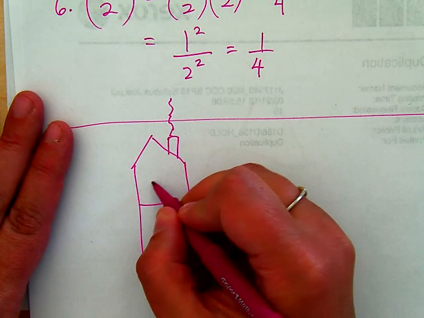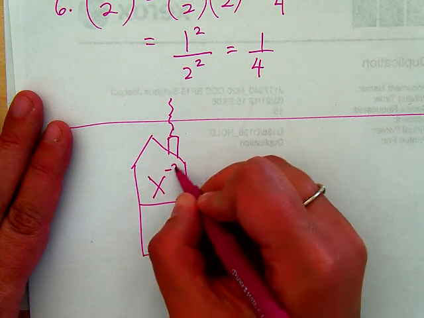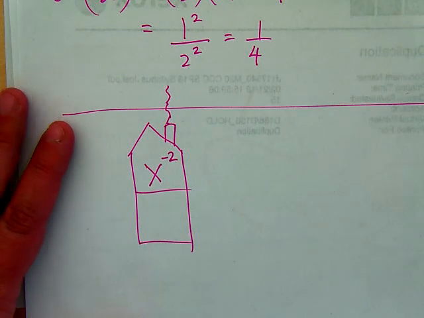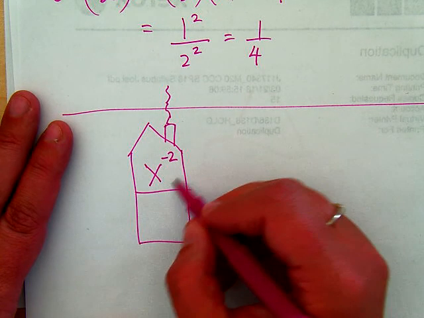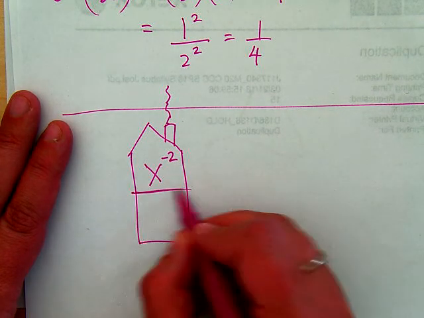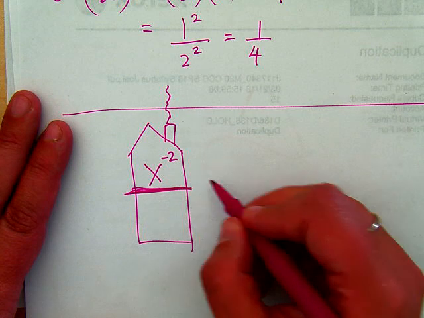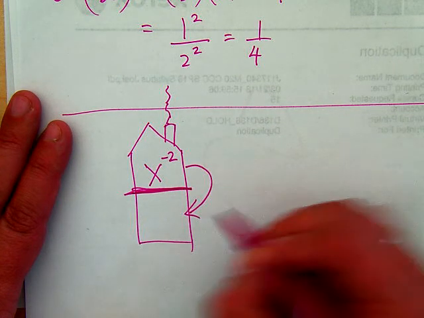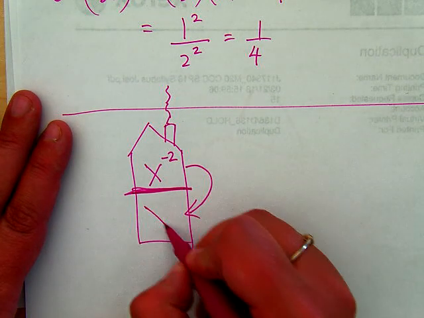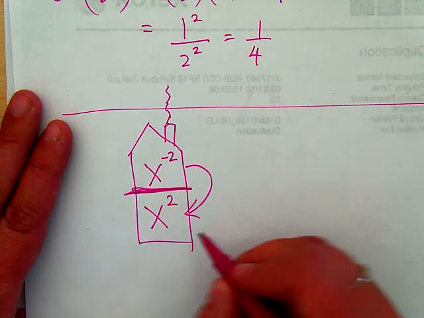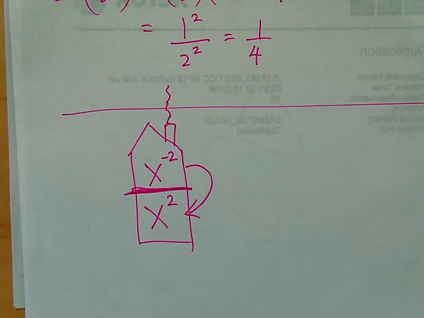So let's say you have x to the -2 living upstairs. If you want to keep that tenant happy, because this is the fraction bar right here, what you're going to do is take the reciprocal. That's going to become x squared when it jumps over, because that's what the reciprocal was saying.